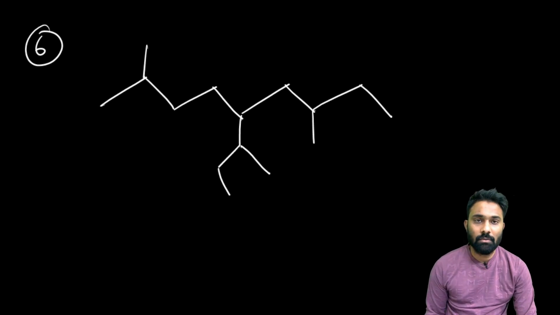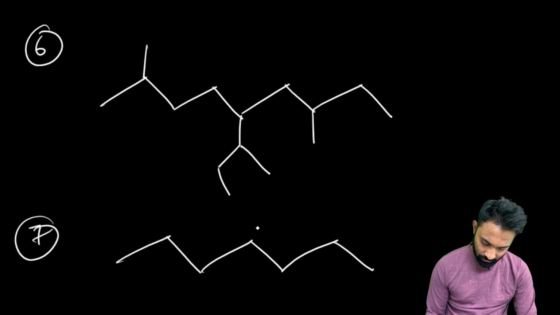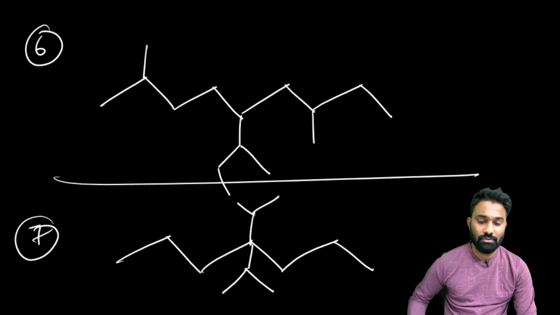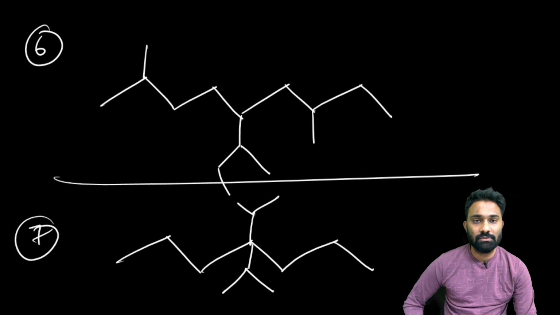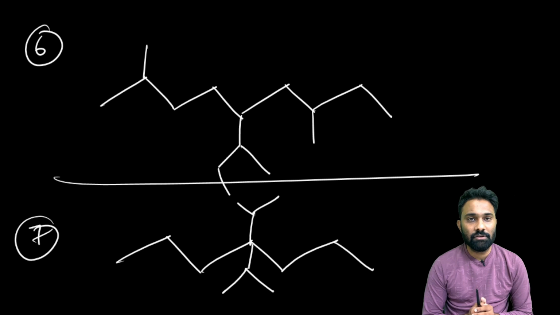Now this is a complex substituent I have given. Try to name this one. And the seventh complex substituent. Now this is one different type of complex substituent. Now try to name this complex substituent which I have given.